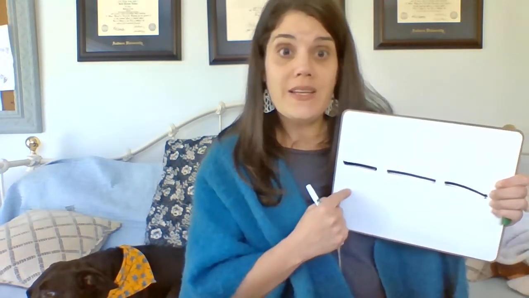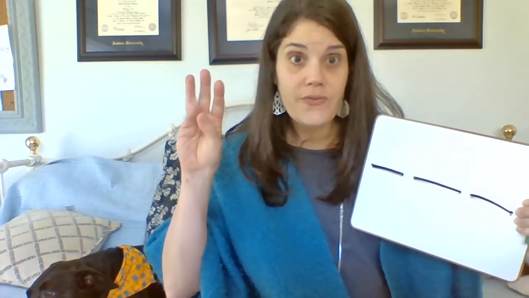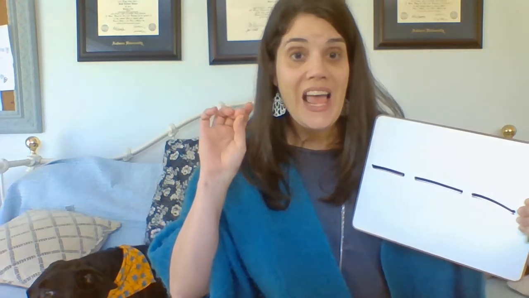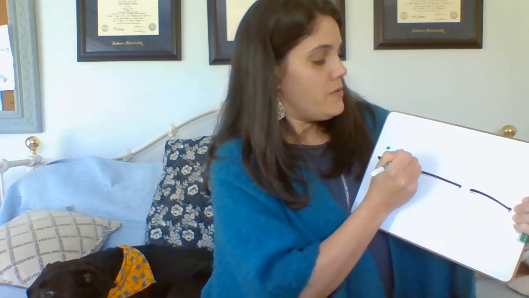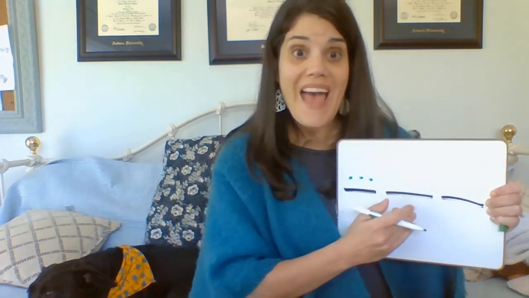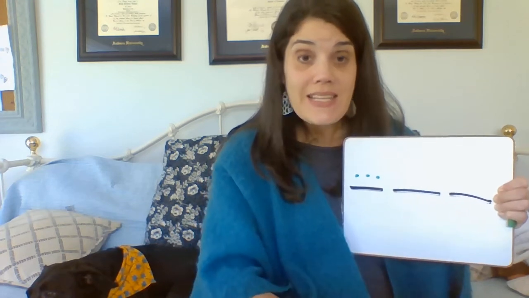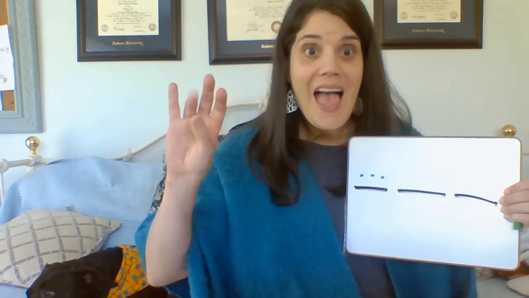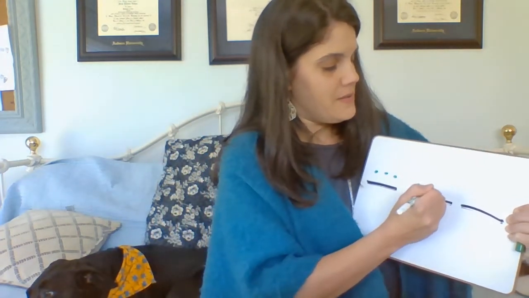First syllable is fan. Let's count sounds. 3 sounds. 1, 2, 3. Fantastic. It's my second syllable. Tas. Let's count sounds. T, a, s. 3 more sounds.